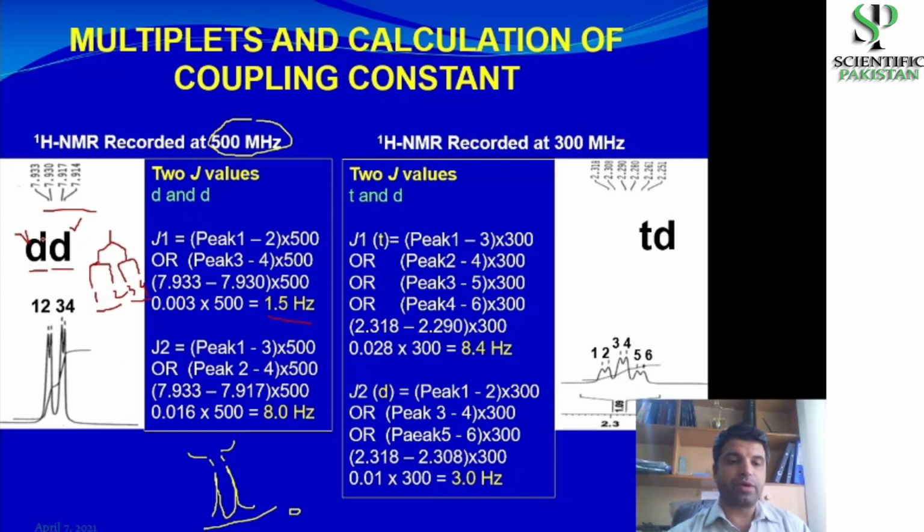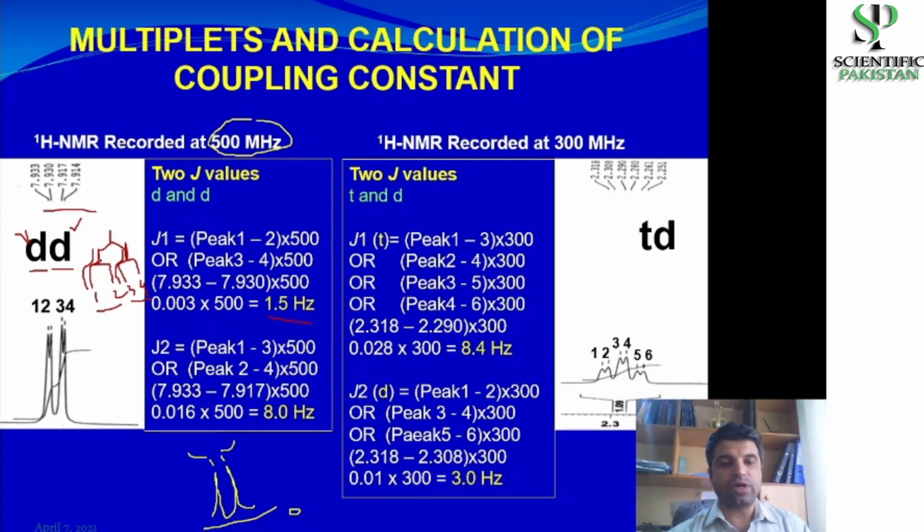But what about the bigger doublet? We don't see these two lines. This is the bigger doublet. That is J2. We don't see them. So you go down and then go to the left from here. You go down and then go to the left. So 1 and 3. So the separation between 1 and 3 will give you the J2.